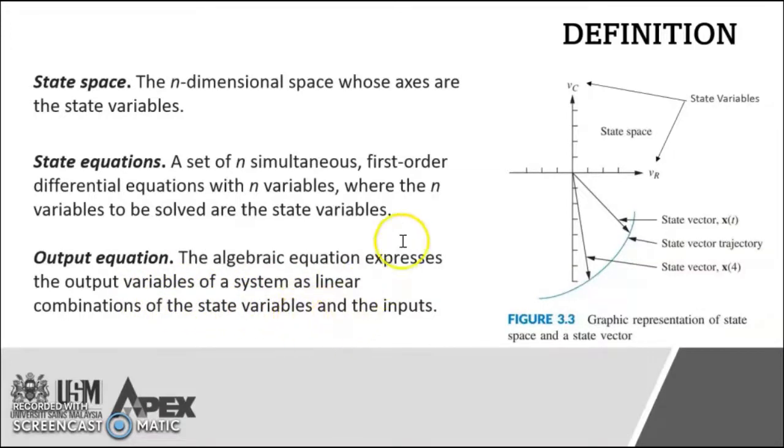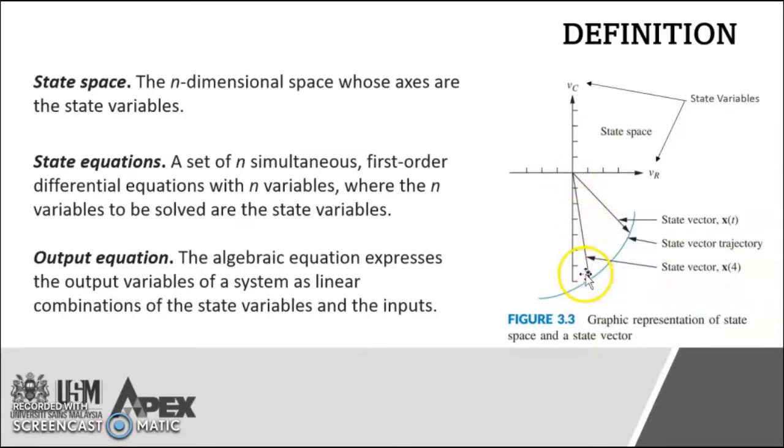So from here you could see, for example, this is the state space, and in this case there's VR and VC as the state variables. Okay, and let's say there's a state vector trajectory whereby a system goes from here to here, and at this point it is defined by this state vector, and at another point it is defined by this state vector.